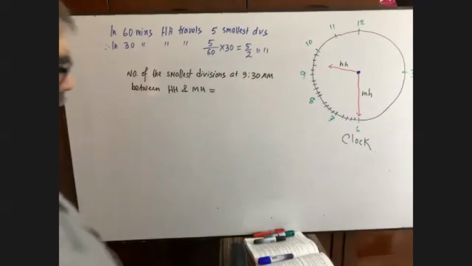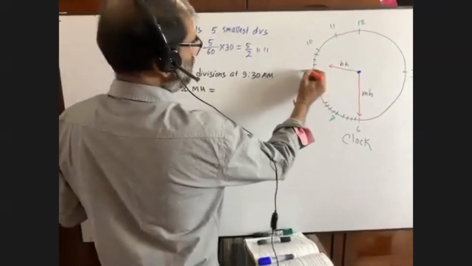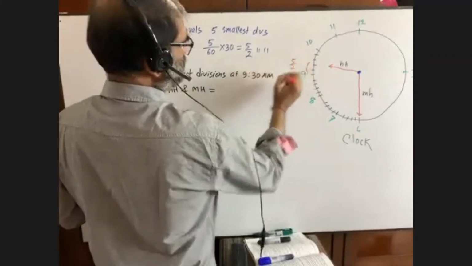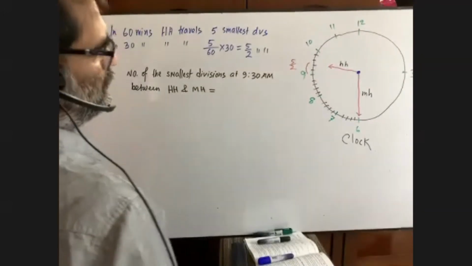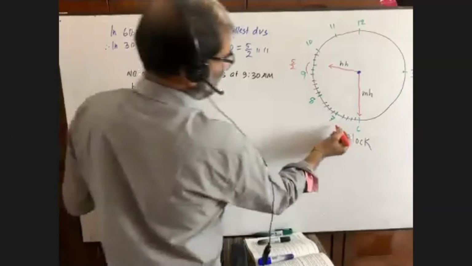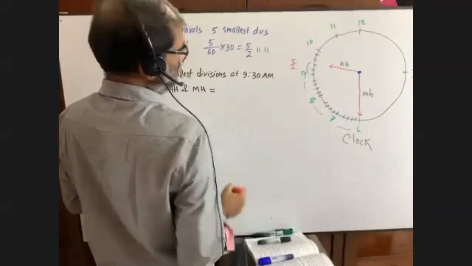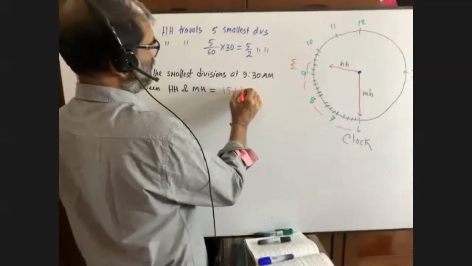This is 5 by 2 divisions. Now you count. Here there are 5 plus 5, 10. 10 plus 5, 15. So we are getting 15 plus 5 by 2.